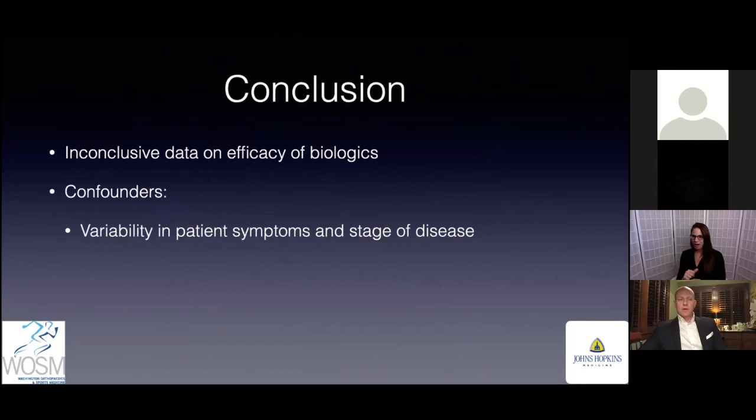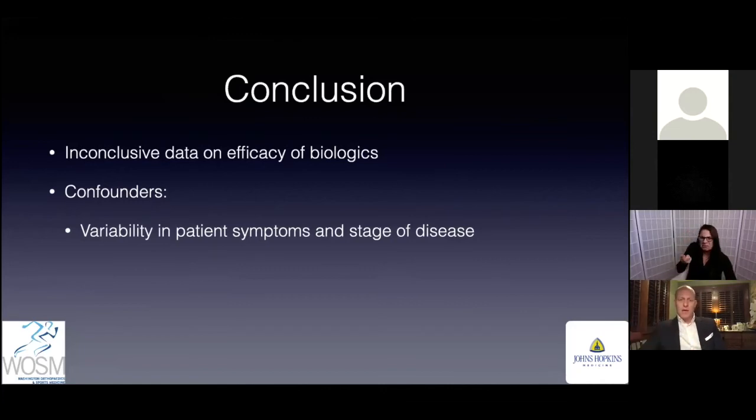Again, to reiterate, this is confounded or made more difficult by the fact that there's enormous variability in the stage of disease in which patients present. No patient's the same. Somebody might have a huge tear of their tendon in their elbow, but they don't present in a way that is dramatic, and they're graded at a lower level. Or somebody might have a small tear and it might be very painful for them.